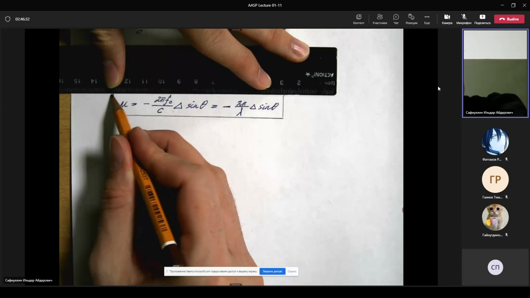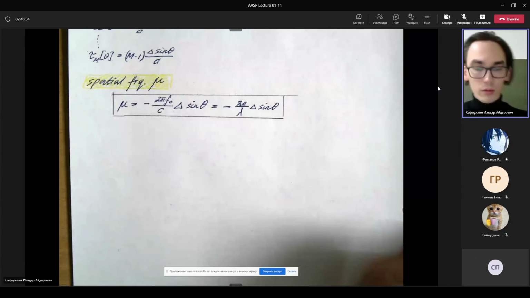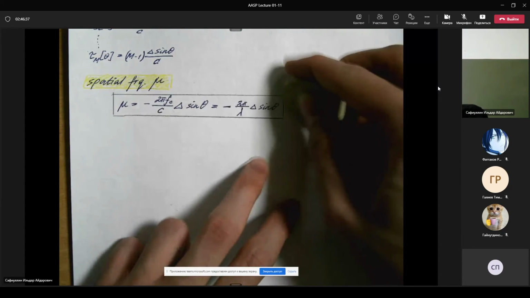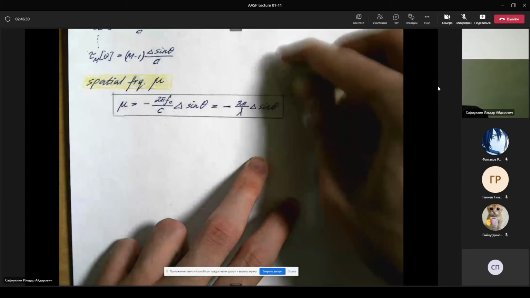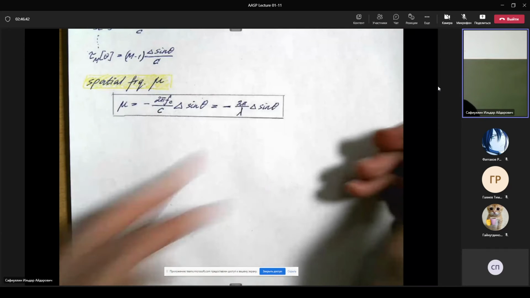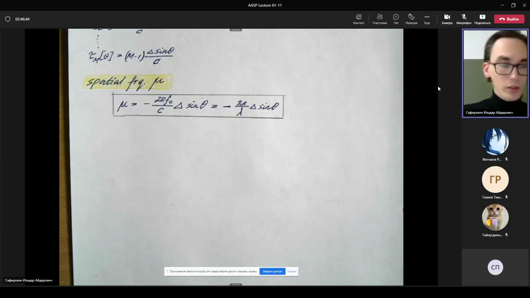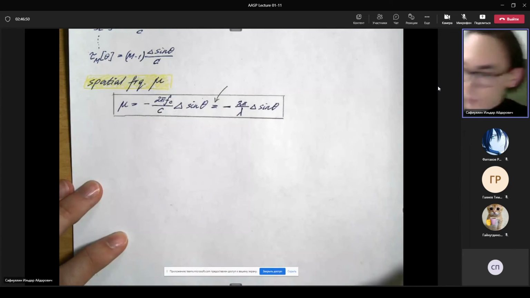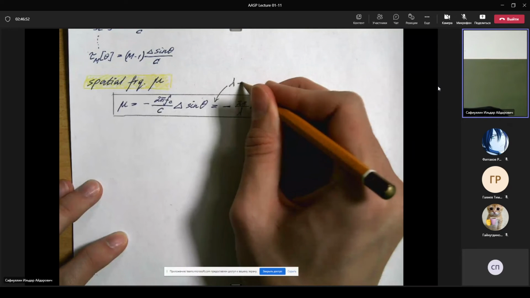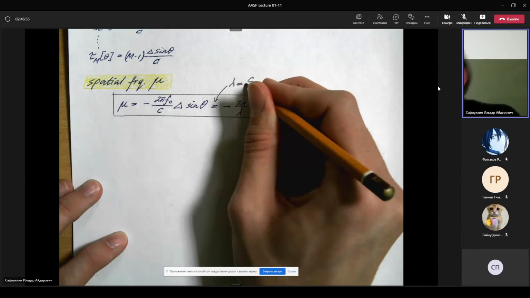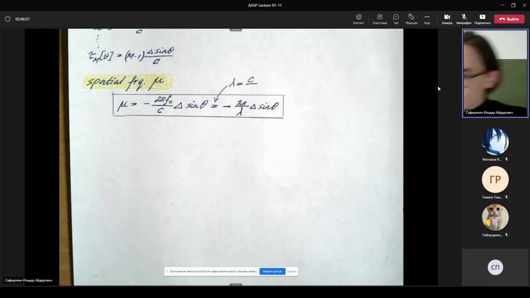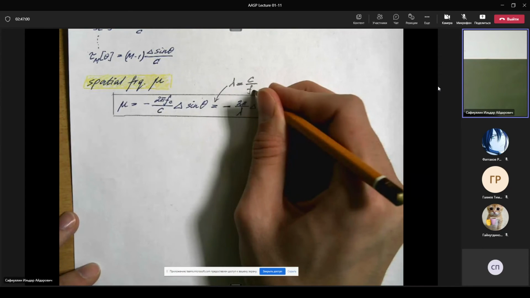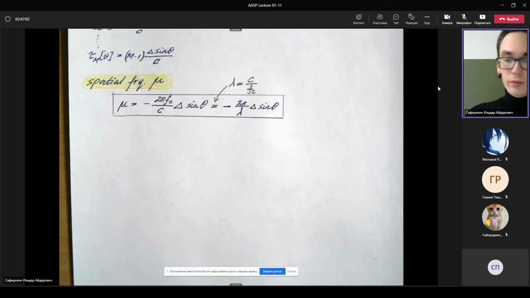It is all because of the connection between the speed of light, the frequency, and the wavelength. Here we can show that the wavelength is equal to the speed of our wave divided by the frequency of our wave, of course.